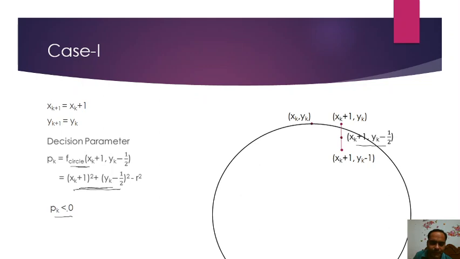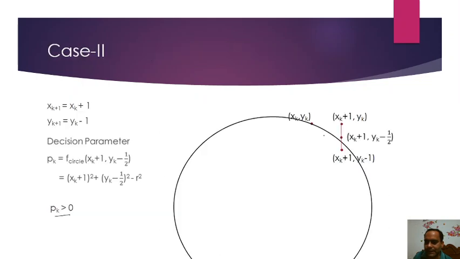If it is less than 0, then we will choose the upper point, and if it is greater than 0, then we will choose the lower point. In both the points x is incremented, but in case 1 y is not decremented, and in the second case y is decremented by 1.